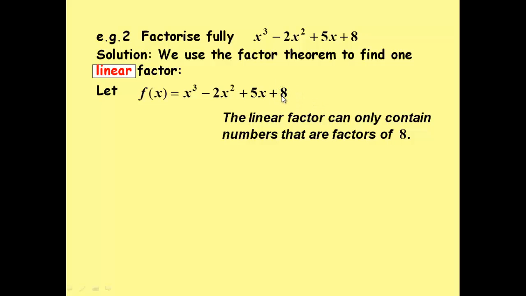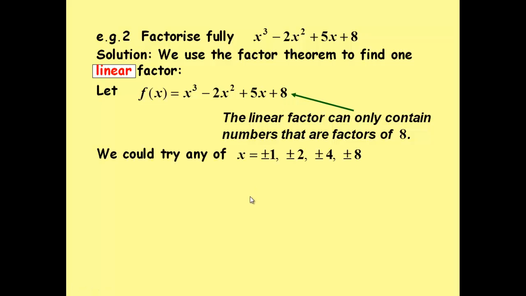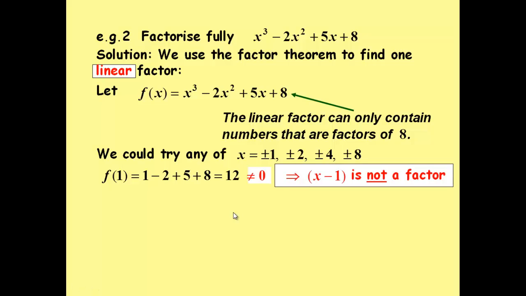It must include a factor of 8 because the three numbers at the end of our three linear brackets will multiply out to 8. So we can try only these possibilities. We generally try the easy ones first. F of 1, well, if we put 1 in, you can see we get 12, which obviously isn't 0, so x minus 1 is not a factor.